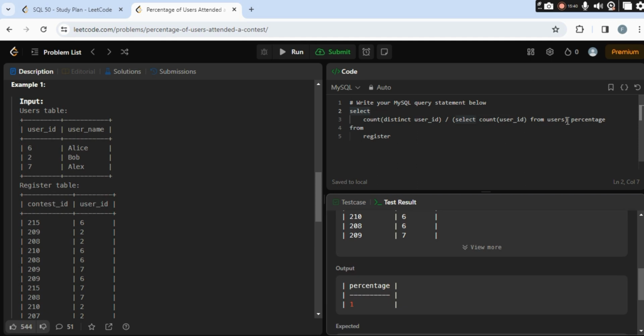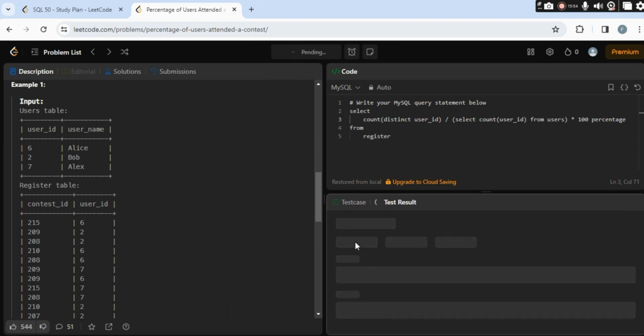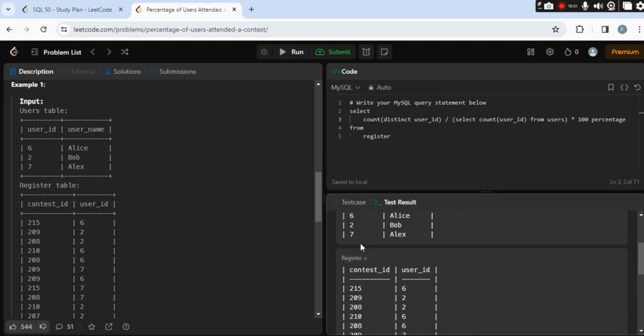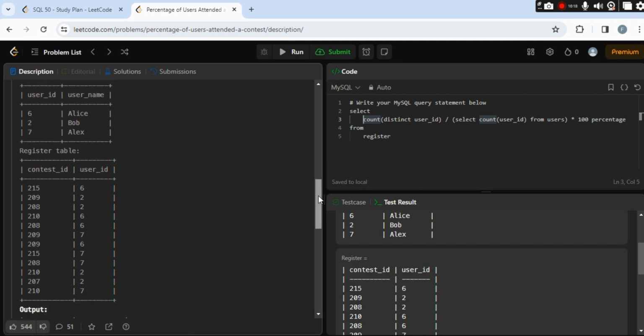Then we multiply by 100 to get the result as a percent.